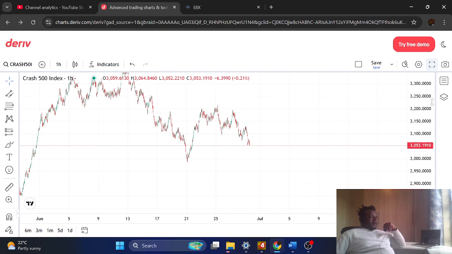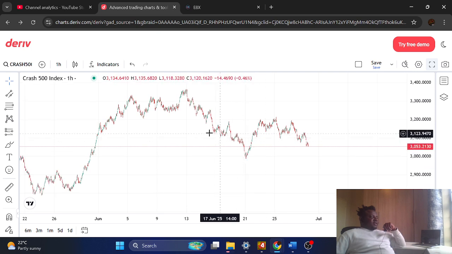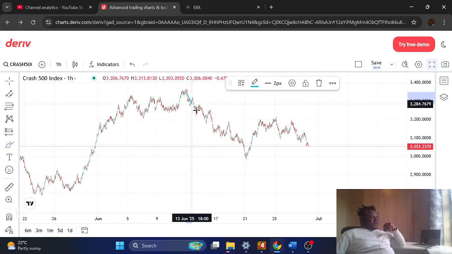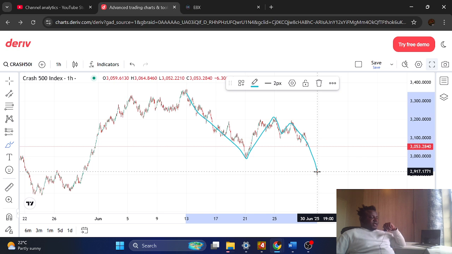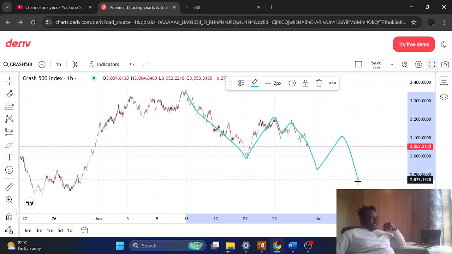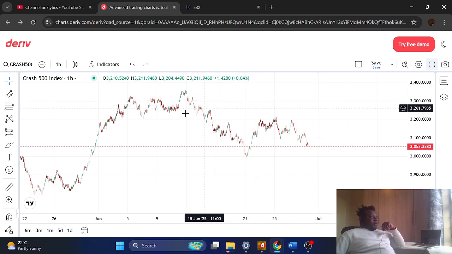The 1-hour time frame is giving us a good trend. You can see that the market is going down, created a low here, came right here, created another high. Now it's going down, so it's supposed to create a low, create a high again, go down, just like that. So now we know what the market will do.